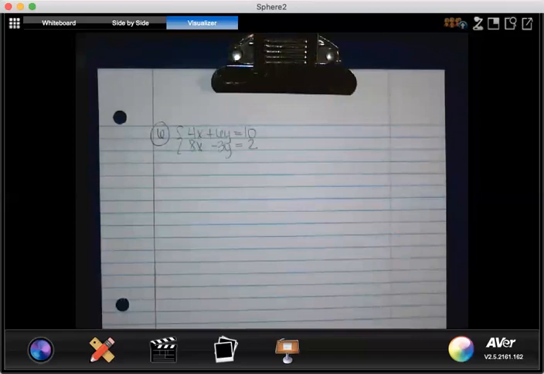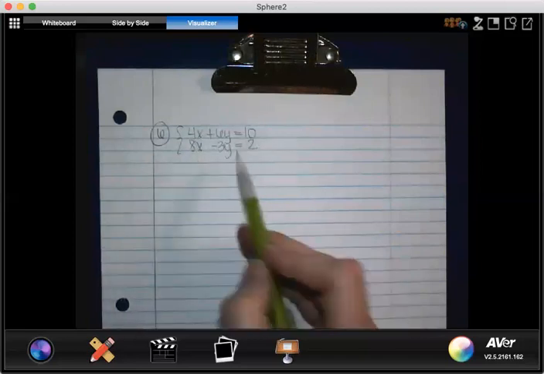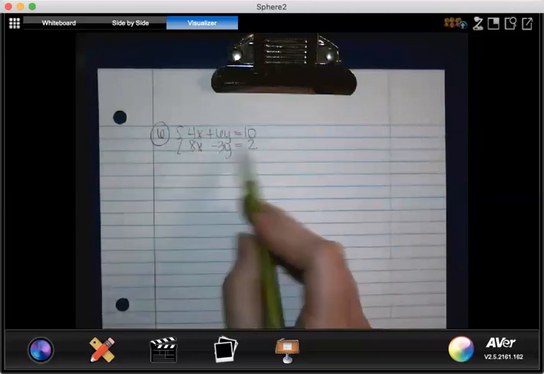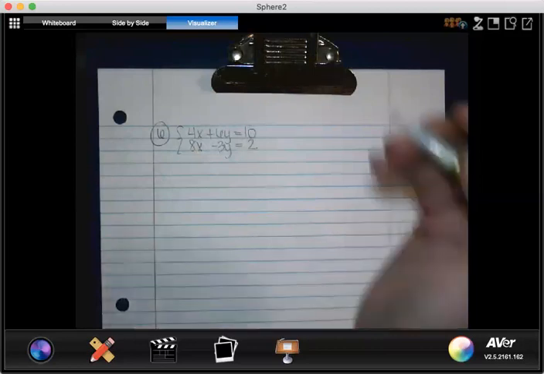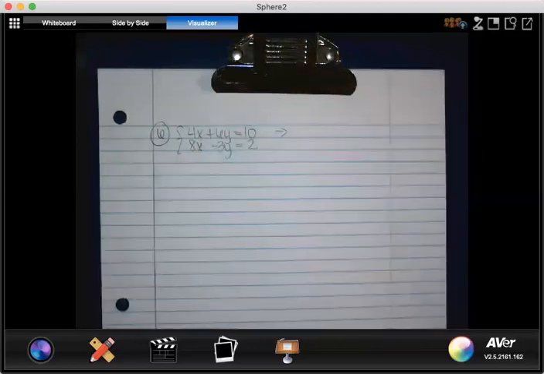Is it going to be completely simplified in the end? Most likely you're going to have fractions at this point, like I kind of already said. But looking at our numbers, 4, 6, and 10 are all even. 8, 3, and 2, that 3 is going to make it a little bit more complicated, so we might as well go with the all even version. Now, is it going to be completely simplified? No. Into a nice number, but it'll be a fraction. Either way, a simpler fraction than working with odd and even.